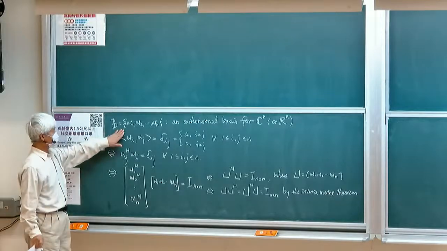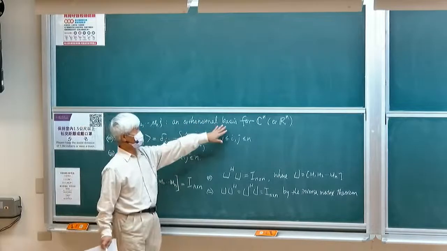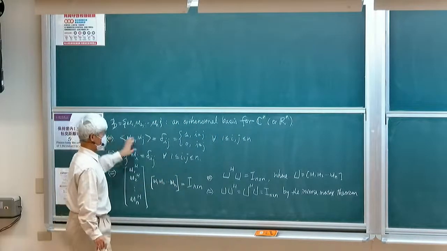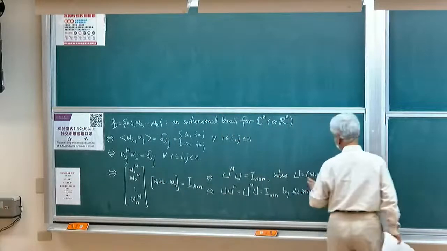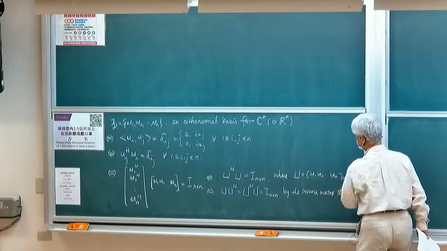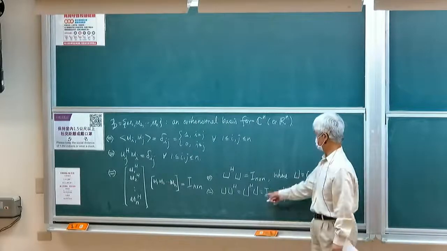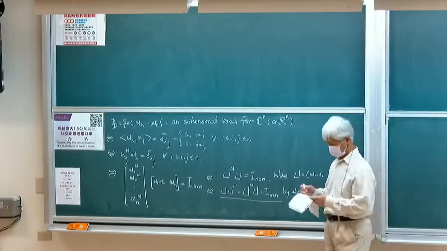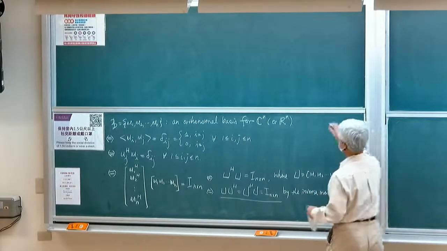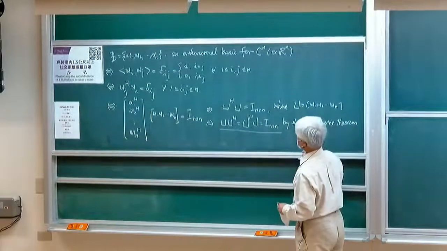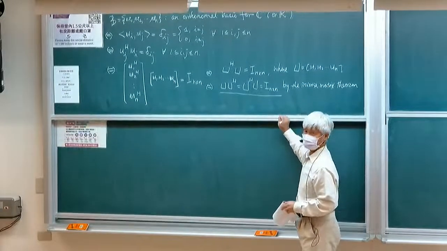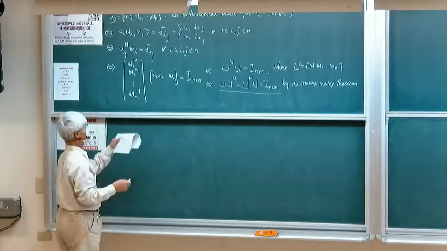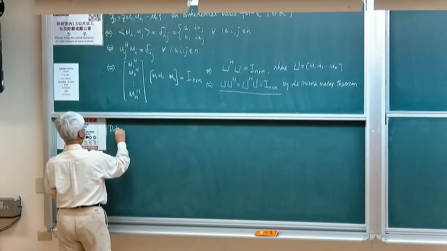So you have an orthonormal basis for the Euclidean space if and only if, when you form a matrix U by using the basis vectors together, this matrix has this relationship. So this kind of matrix is special.